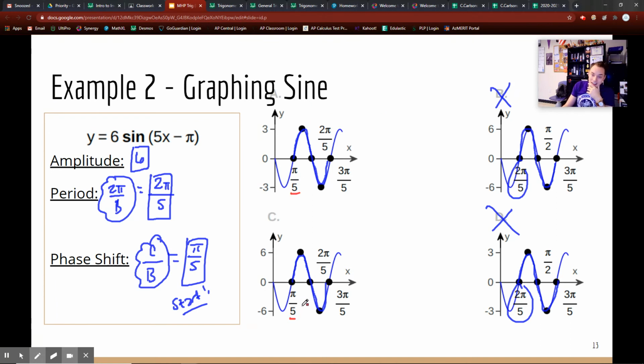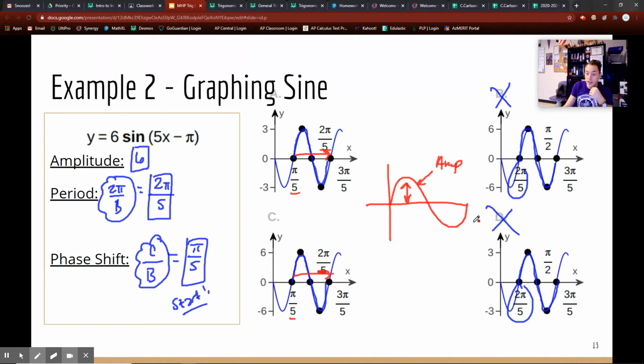Now, what's the length? And how do I know the length? Well, the length is 2 pi over 5. And the length is both 2 pi over 5. From here to here, it's 2 pi over 5. From here to here, it's 2 pi over 5. Okay, so the period can't help me. So then I look at the amplitude. What's the amplitude? The amplitude is that thing that stretches. So if this is my normal sine graph, your amplitude is this. That's your amplitude.